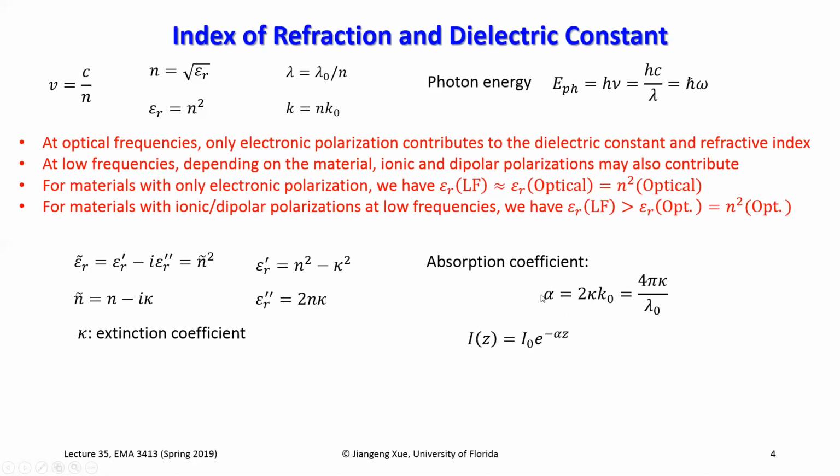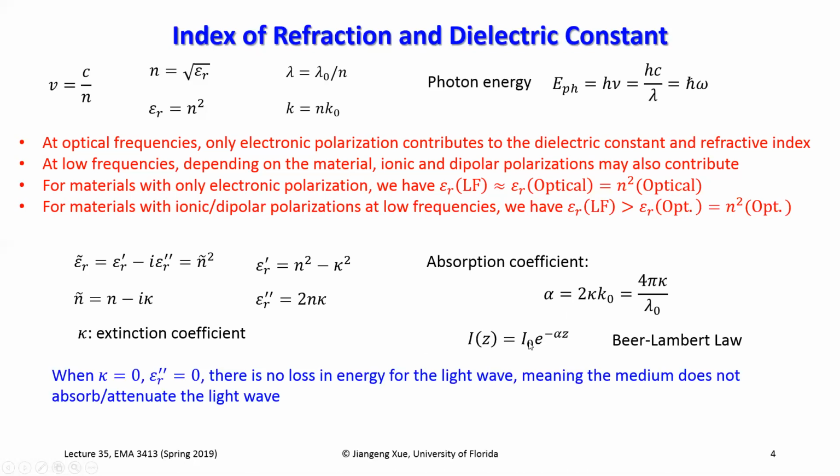And obviously for alpha, as you remember, we have the Beer-Lambert law, which governs the decay of the light intensity as a wave is propagating through that medium. In materials where the extinction coefficient is 0, we have a 0 absorption coefficient, or the imaginary part of the dielectric constant is 0. Then there's no loss of energy. That means that the medium is transparent to the wavelength that we are considering.